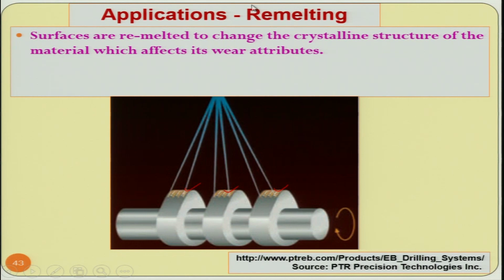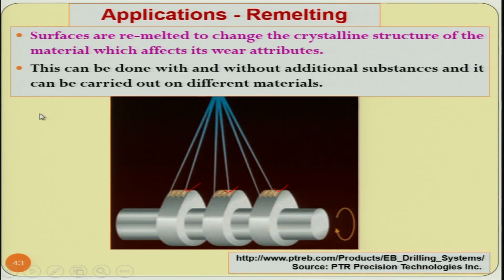This can be done with the help of the electron beam process. This can be done with and without additional substances, and it can be carried out on different materials. You can add the material, or you can heat it and then cool it. So that hardening will take place, that is thermal hardening.